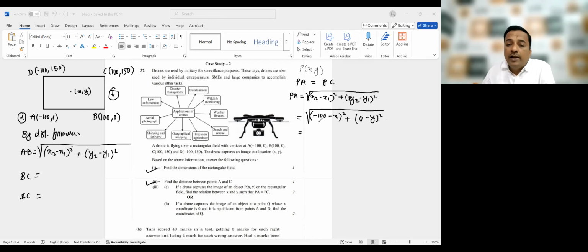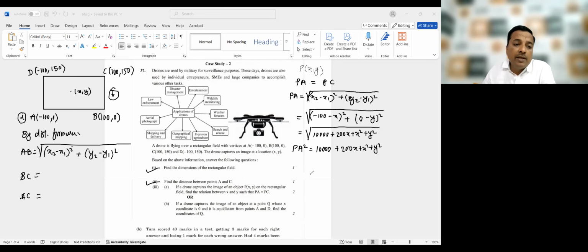Here we have to use the identity of (minus 100 minus x) whole square, meaning the identity of plus, positive. So that is 10,000 plus 100x plus x square plus y square. Squaring both sides, the root sign cancels: PA square is 10,000 plus 200x plus x square plus y square.